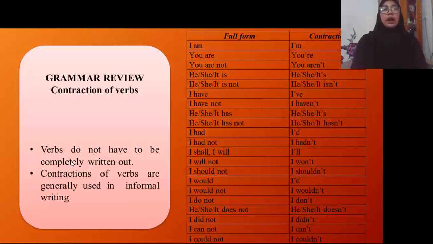For example, "I am" in the full form, but in the contraction you can use it in your informal conversation like "I'm", with an apostrophe. Same with the other words here: you are, you aren't; he, she, it is, he's, she's, it's; it is not, it isn't.